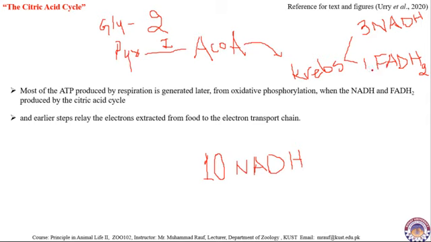And because Krebs cycle occurs twice for 2 molecules of pyruvate, 2 FADH2.